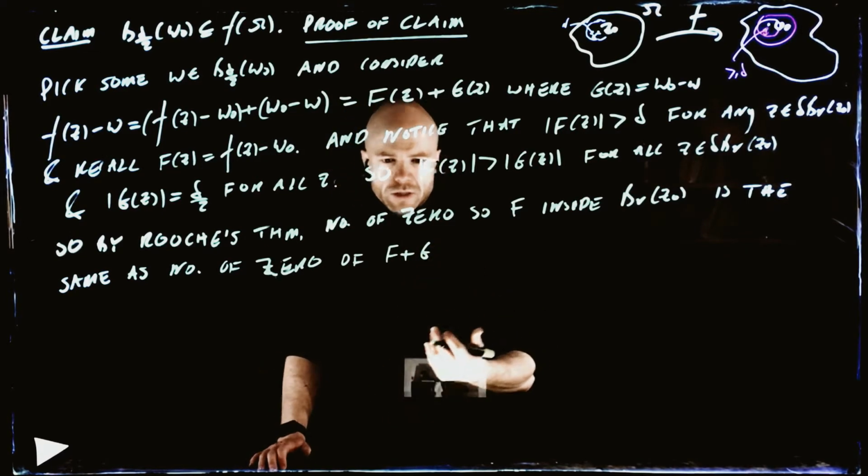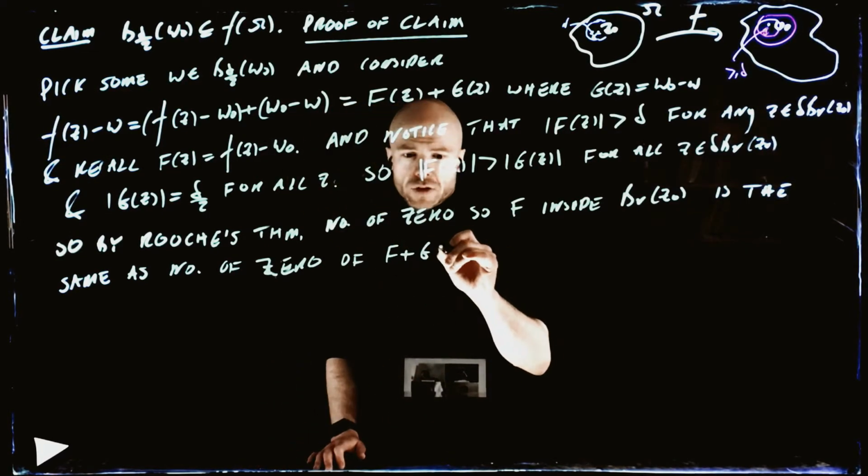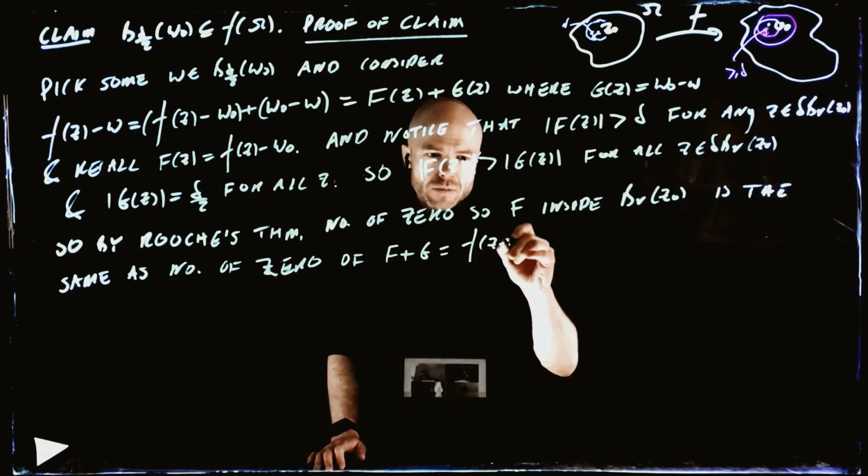It's exactly the statement of Rouché's theorem, and capital F plus G is exactly this function, f of z minus w.